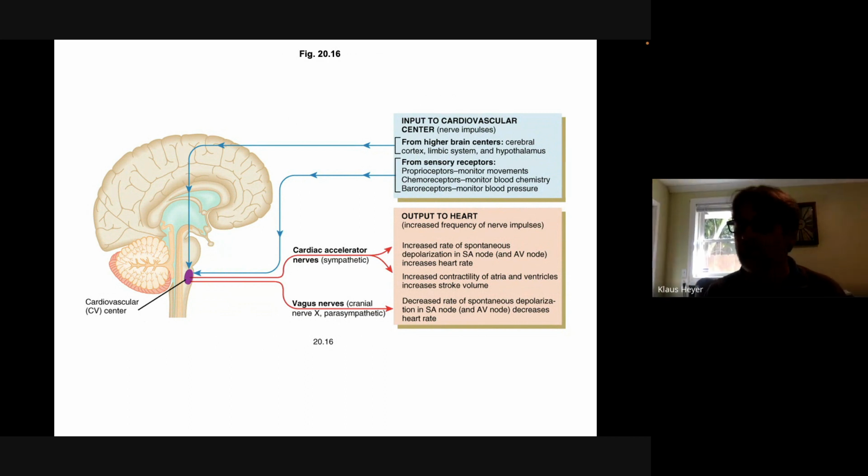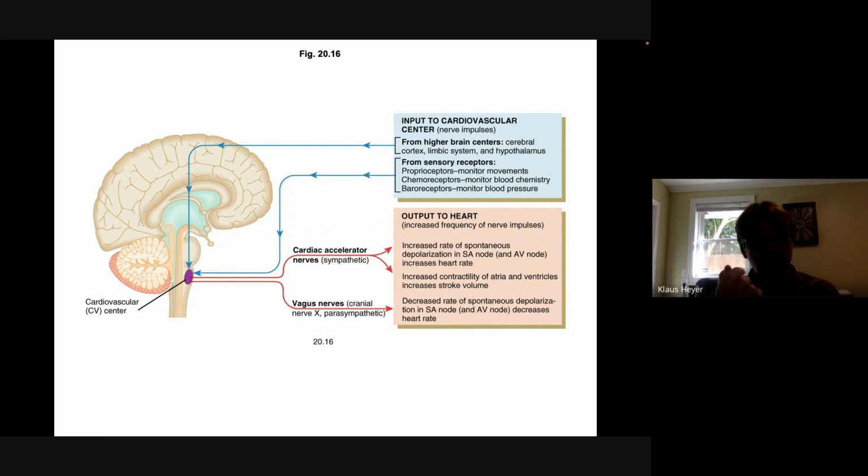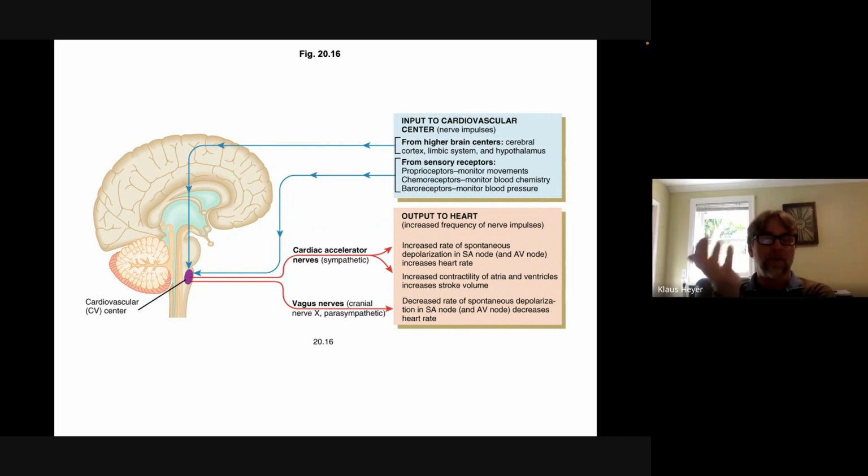Chemoreceptors are going to monitor things like pH, oxygen, carbon dioxide, and they're going to tell the brain to make the heart beat faster or slower. Baroreceptors are monitoring pressure. So if your pressure drops, again, that receptor is going to trigger the brainstem and make your heart beat faster.